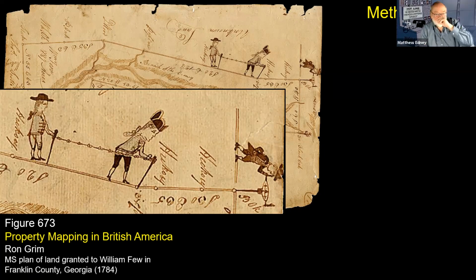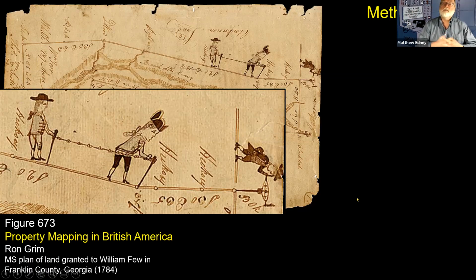Sure. So on the right of this detail is the surveyor himself, with a simple instrument called a circumferenter or surveyor's compass, with a couple of sights which the surveyor uses to sight along straight lines. So from a black oak there to the next one, which is another black oak.